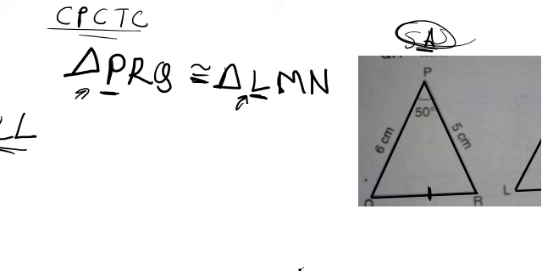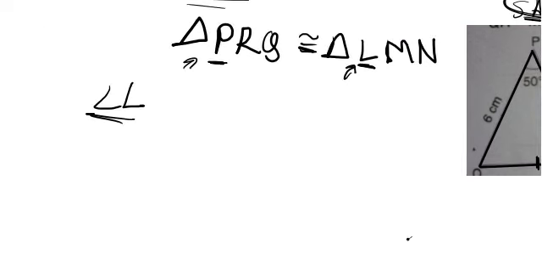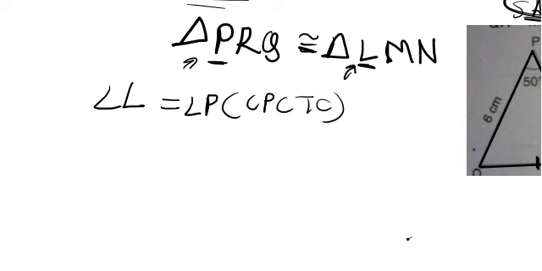These two angles will be corresponding, and corresponding angles or even corresponding sides will always be equal. So we can say that angle L equals angle P, and the reason will be CPCTC, or sometimes it's given as CPCTE as well, fine.